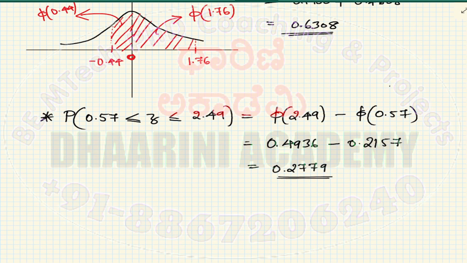Right, then now let's find a scenario where I want to find the probability of z greater than or equal to minus 1.96.